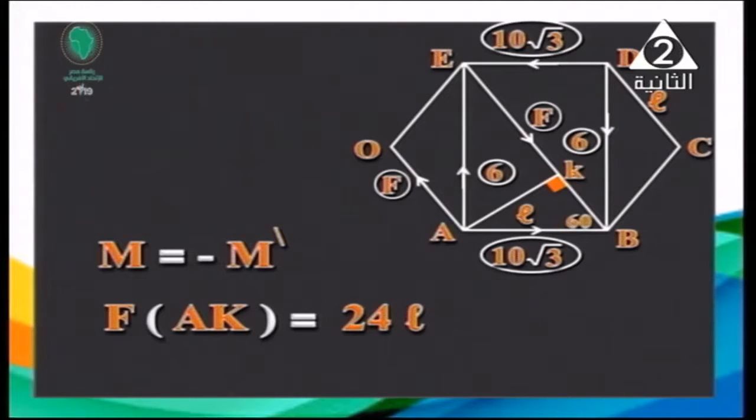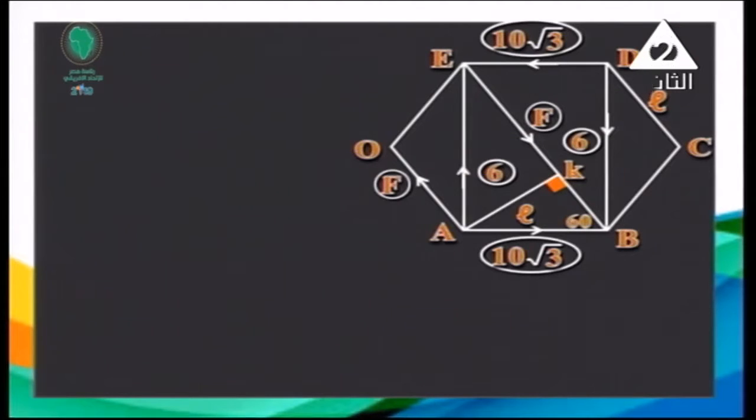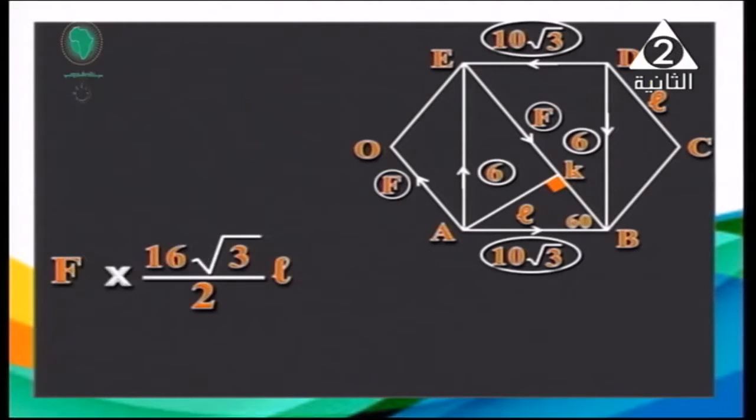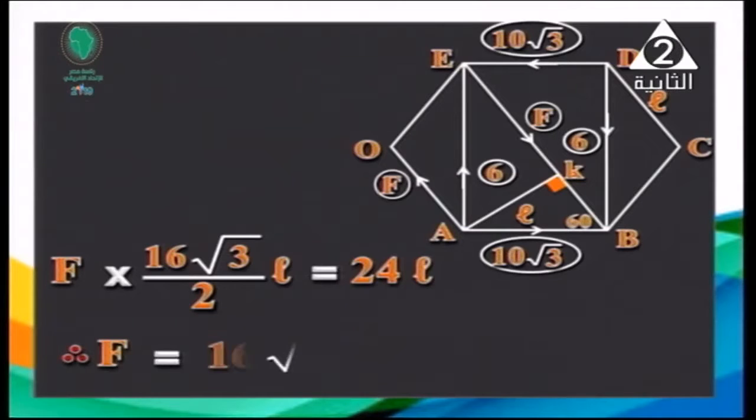After that, to find the value of the force F, divide 24L over the value of AK. Therefore, F times root 3 over 2 L equals 24L. Therefore, the force equals 16 root 3 Newton.